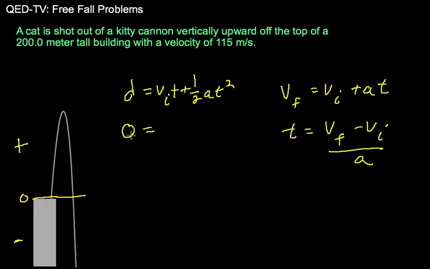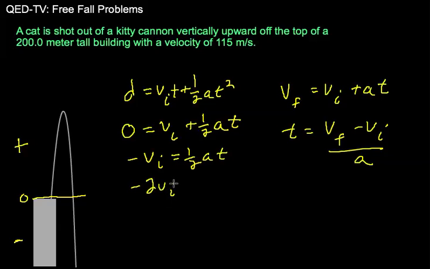So 0 divided by time is still 0, and this would just be VI, and then this would be plus 1/2 AT. And so I could take minus VI would equal 1/2 AT, and then I could say minus 2 VI all over A equals time.